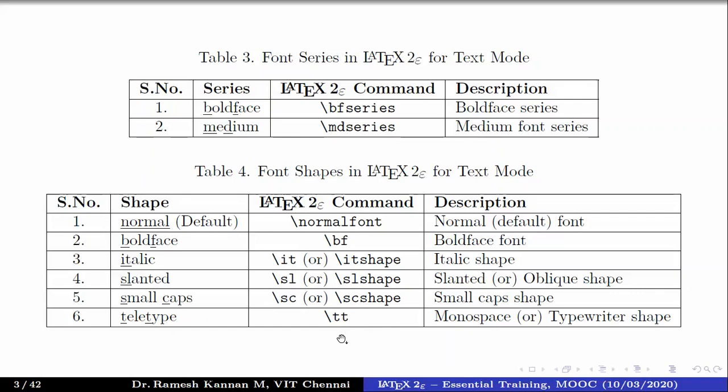Among these, bf and tt don't have a shape version; there is no slash bfshape or slash ttshape. There are some differences in incorporating slash it and itshape that we will discuss in a couple of minutes, but as of now, these are the font shapes.